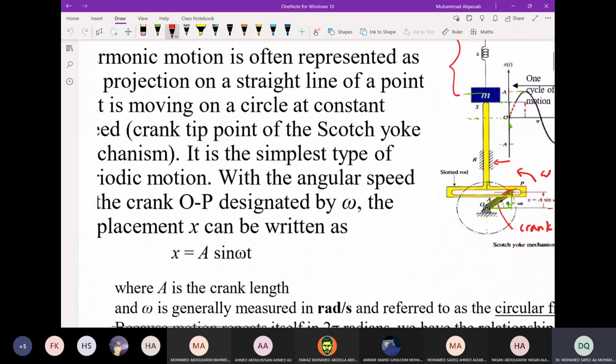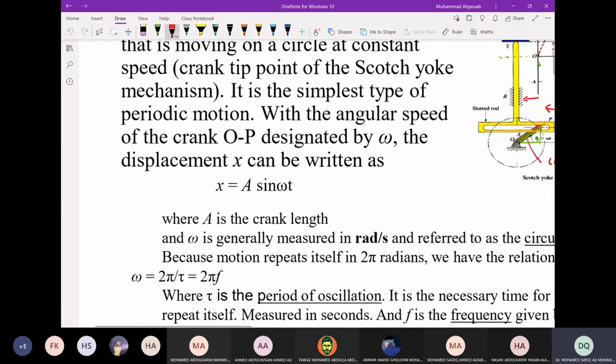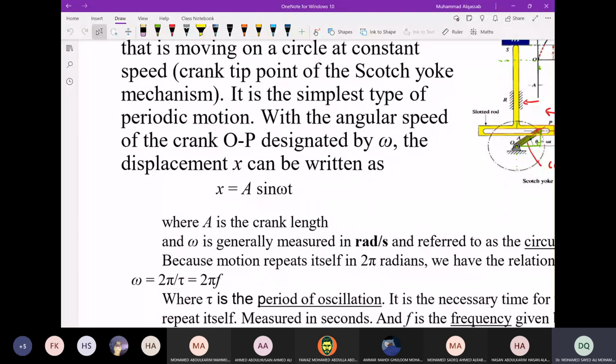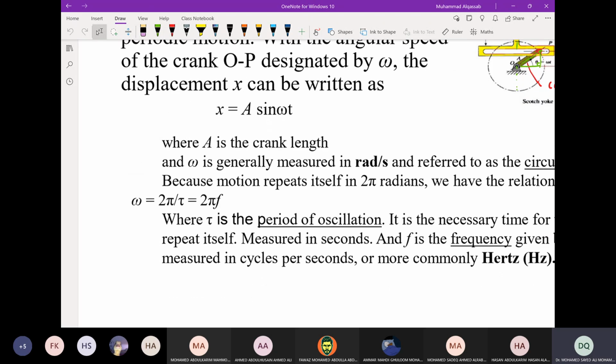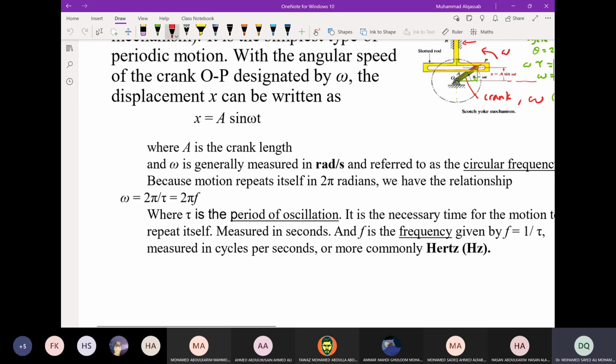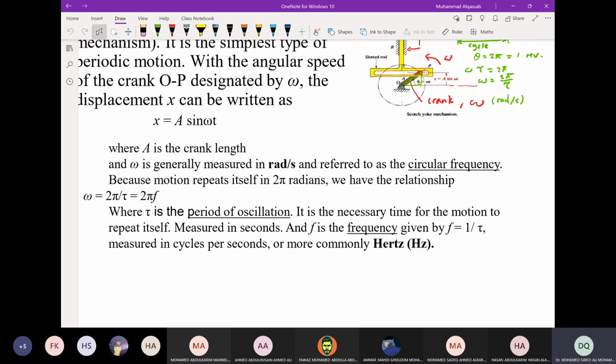So the motion of the mass is given by x equals A sine omega t, and it is periodic, where A is the crank length. Omega is measured in radians per second. That is the one that we need to substitute in the equation sine omega t, and it is called circular frequency.